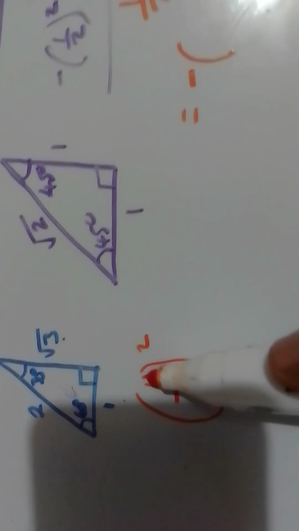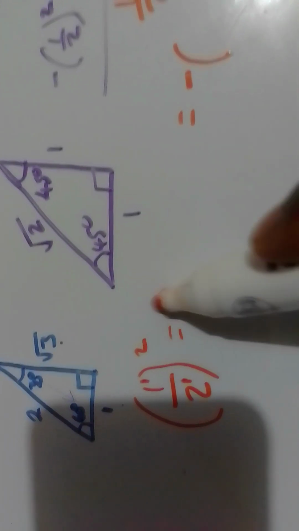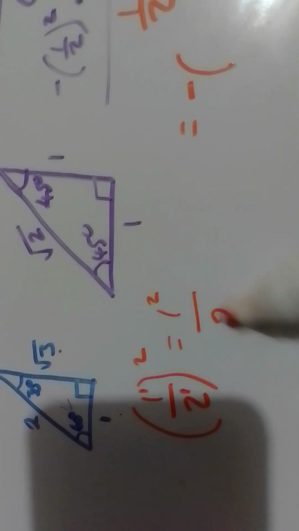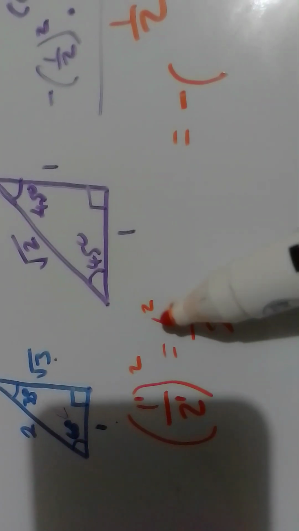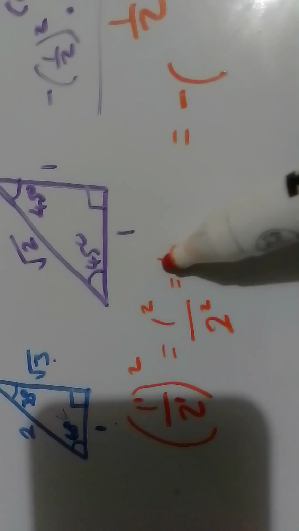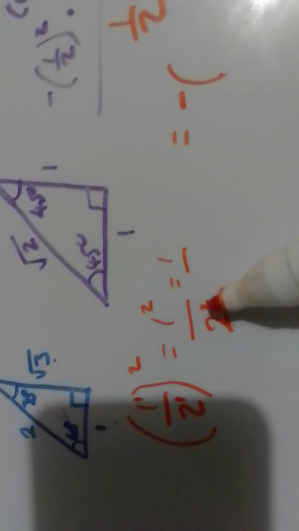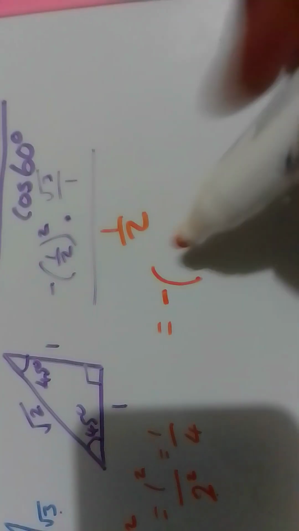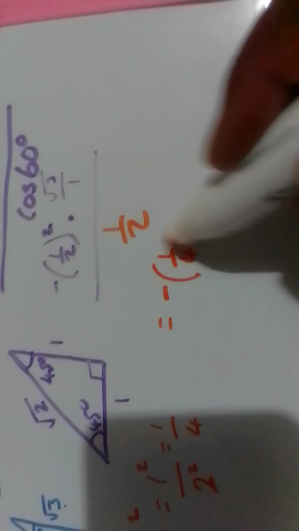So 1 multiplied by 2 gives us 2, all over 1 multiplied by 2, another 2, so we've got 2 to the power 2. And 1 to the power 2 gives us 1, all over 2 to the power 2, which gives us 4. So we've got 1 over 4.